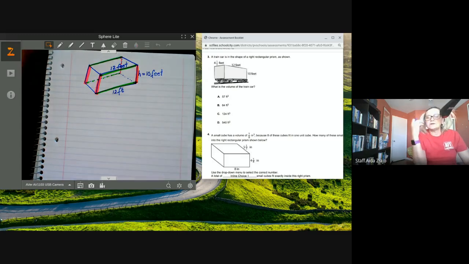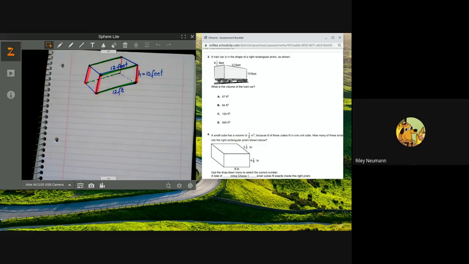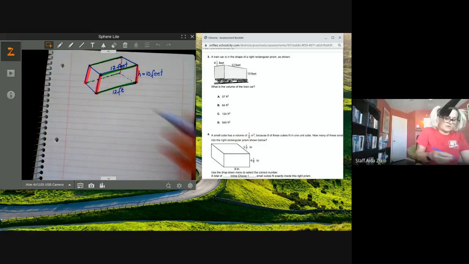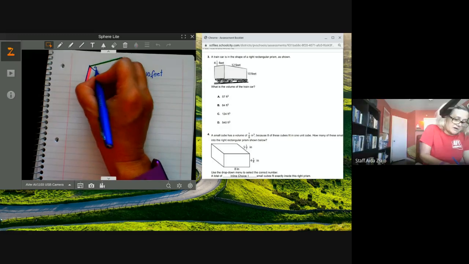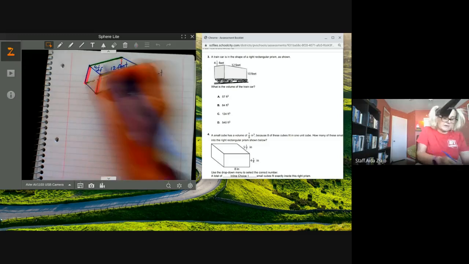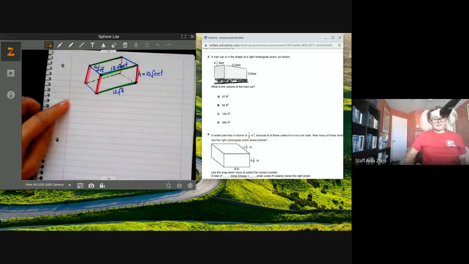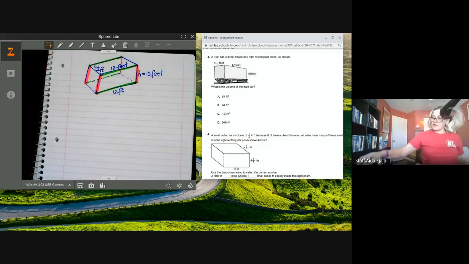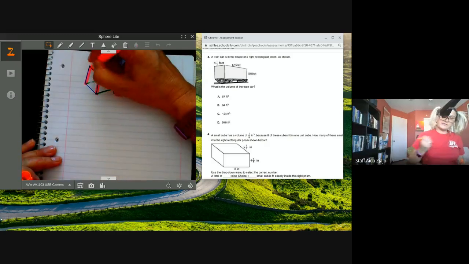And now the third value for our volume would be how wide something is, and what would that be? 4.5. And they have here 4.5 feet. Okay. But if I take a different color, orange, this is the width, correct?